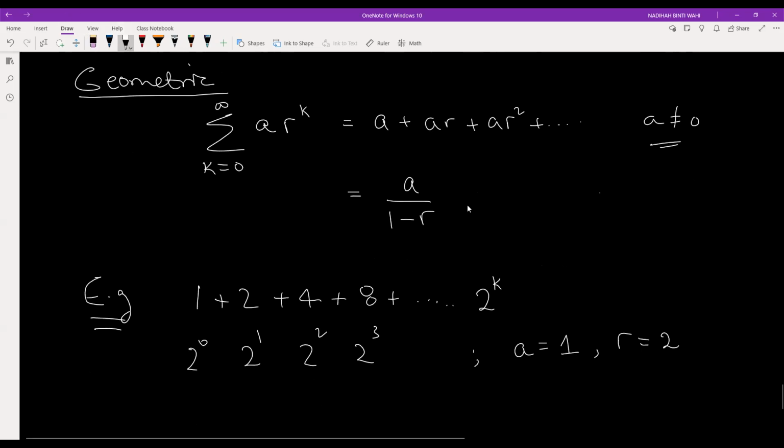I told you just now, in sequence, that if the magnitude of r is bigger than or equal to 1, this will diverge.